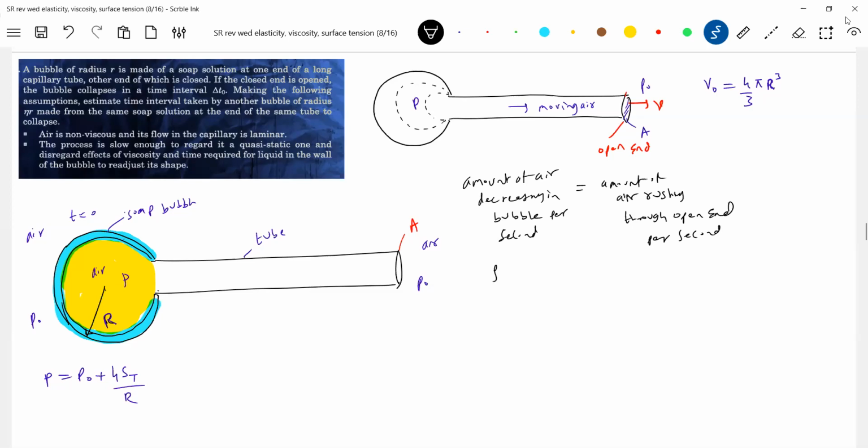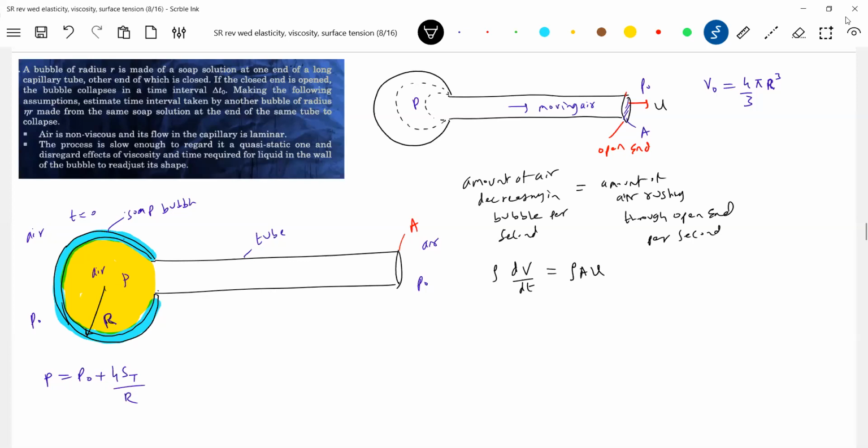So this should be rho into the change in volume, dV by dt. Shall I use U here, because we will be using it for volume? So dV by dt is the rate of change of volume; density into rate of change of volume. What shall I write here? Rho into flow rate. Density into flow rate will be the rate of mass, no? So it should be area of cross section into U.